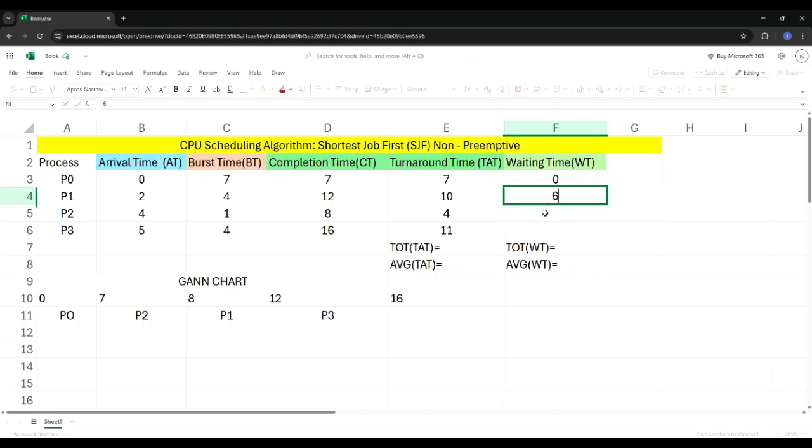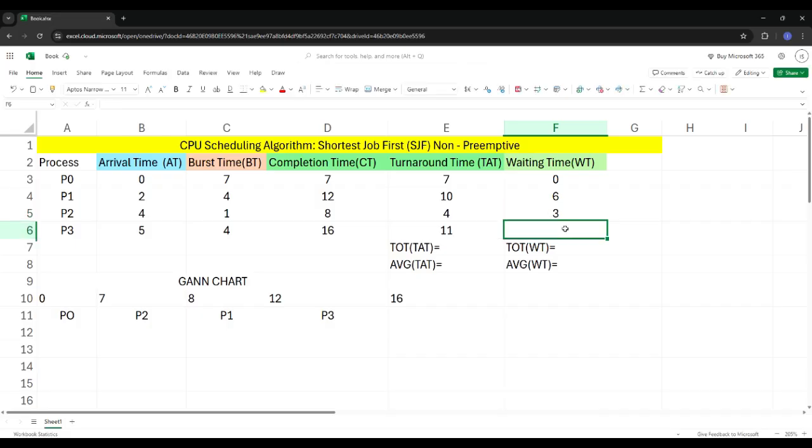P2 is 3, because the turnaround time is 4 and the burst time is 1. 4 minus 1 equals 3. P3 is 7, because the turnaround time is 11 and the burst time is 4. 11 minus 4 equals 7.